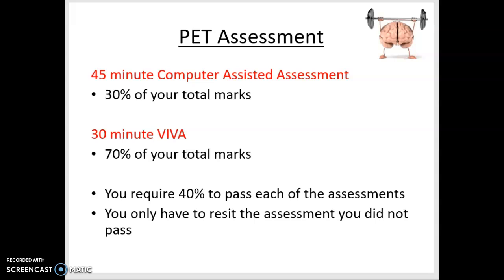And then the PET VIVA, this is where the lion's share of the marks are, 70% of the marks here, and this is a 30-minute exam with 10 minutes preparation time. Obviously, you're required to get a 40% pass in each of these. Otherwise, unfortunately, you're going to have to resit. Although you're all so clever, I don't see that happening.